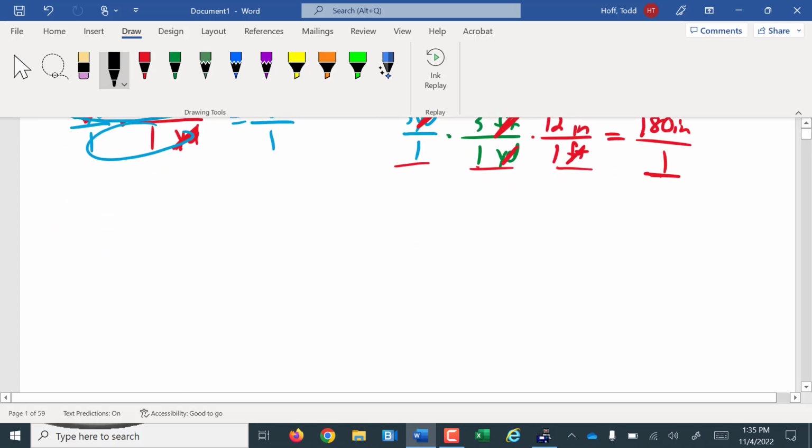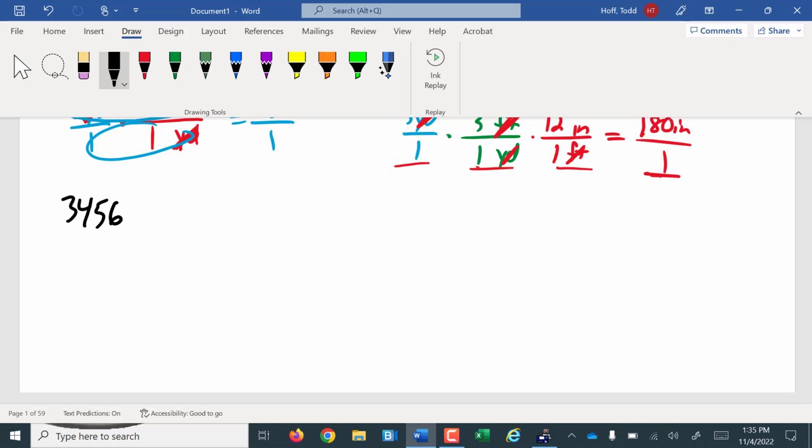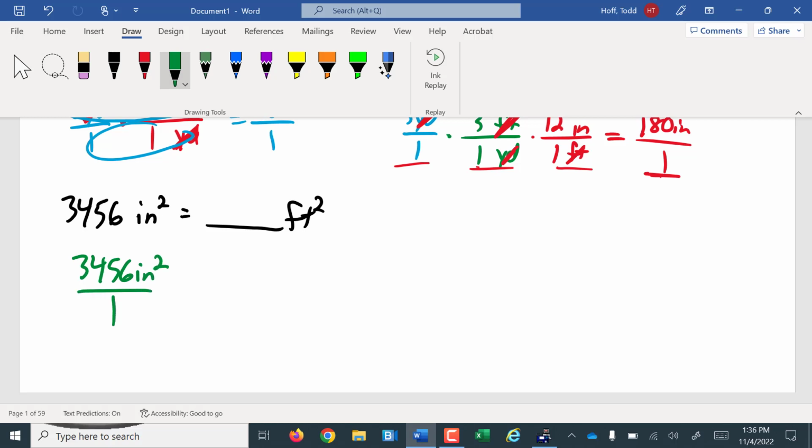We had units of area, like 3,456 square inches being converted into square feet. So I'll put my, what's that? 144, perfect. Square inches on bottom, there's 144 square inches in 1 square foot.